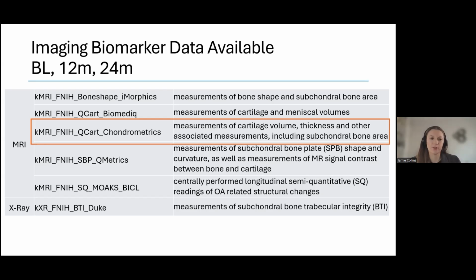So when you go to download the data and work with the data, you just have to keep in mind that each vendor or each group that did an assessment has its own data set in the data download. And so if you're looking for something, you may have to look across several data sets to find what you're looking for. And you can see, again, just a description of what's available here: measures of bone shape, subchondral bone area, cartilage and meniscal volume, measurements of subchondral bone plate shape and curvature, etc.